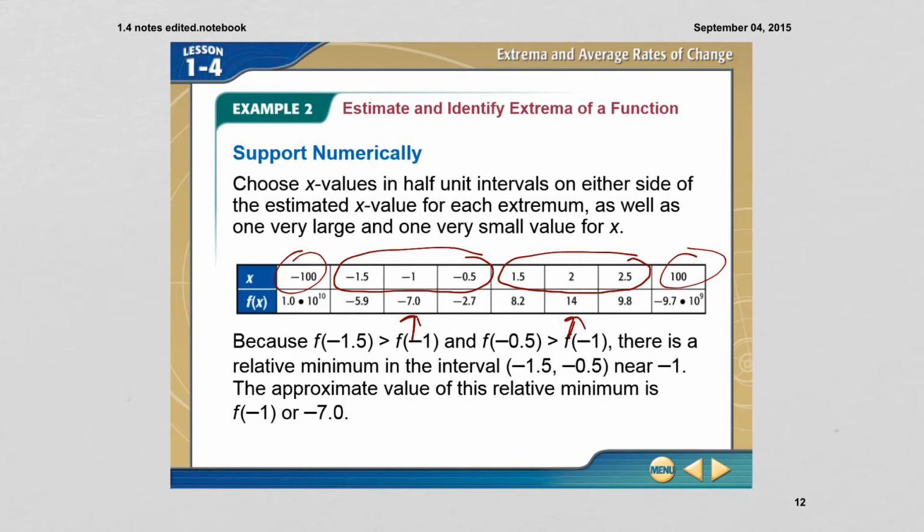And because f of -1.5 is greater than f of -1 and f of -0.5 is greater than f of -1, there is a relative minimum in the interval from -1.5 to -0.5, near -1. The approximate value of this relative minimum is f of -1, or -7.